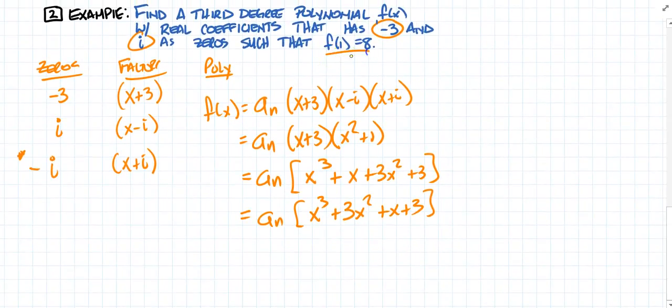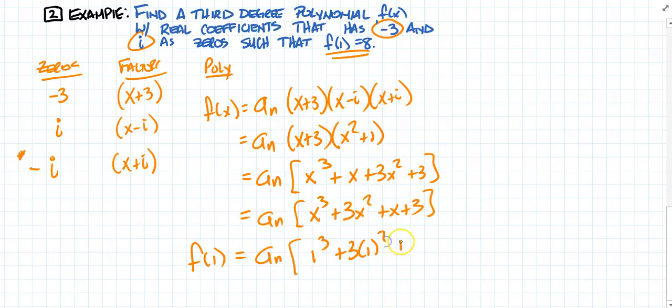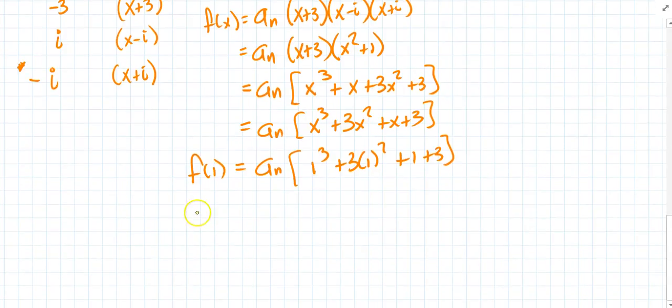I just need to check to make sure that when I plug in a 1, I do indeed get an 8 out, right? So f of 1 is supposed to be a sub n times 1 to the third plus 3 times 1 squared plus 1 plus 3. So checking, I get f of 1 is equal to a sub n times 1 plus 3 plus 1 plus 3.